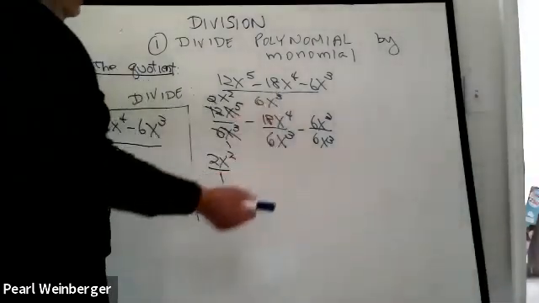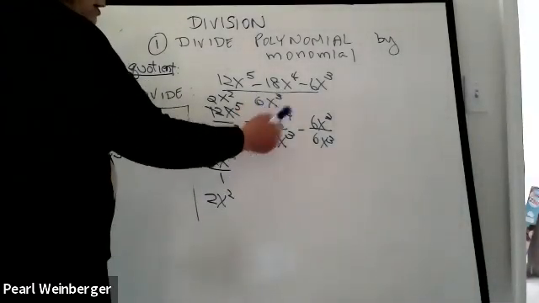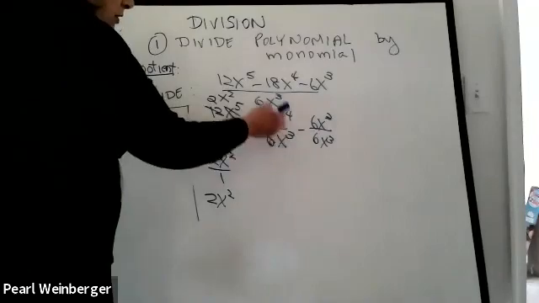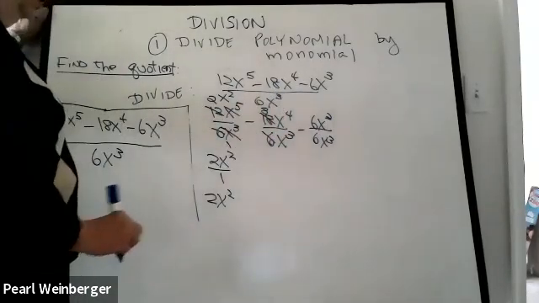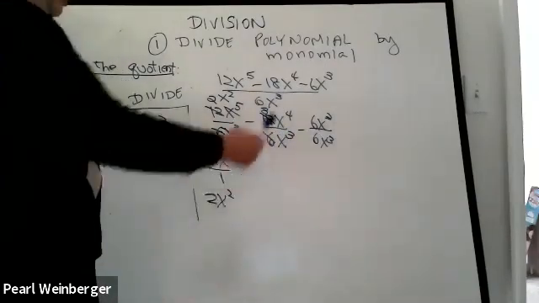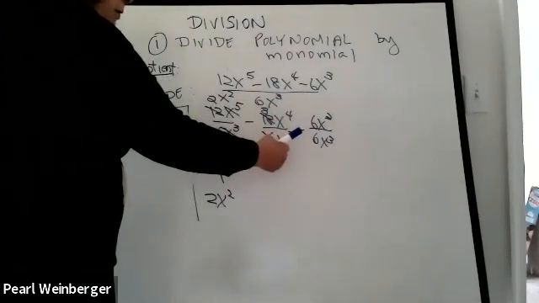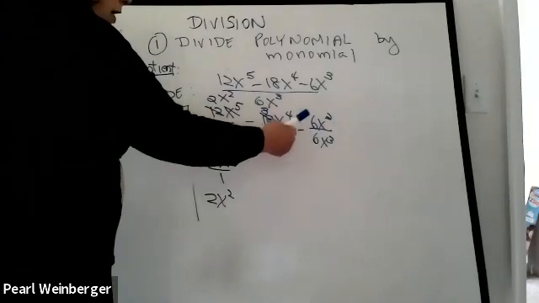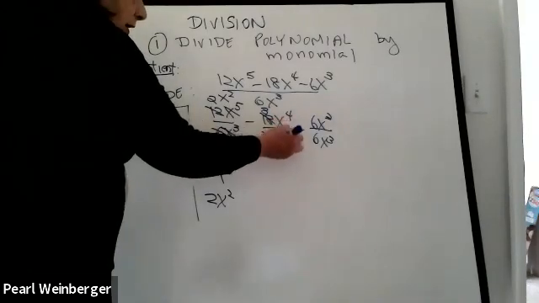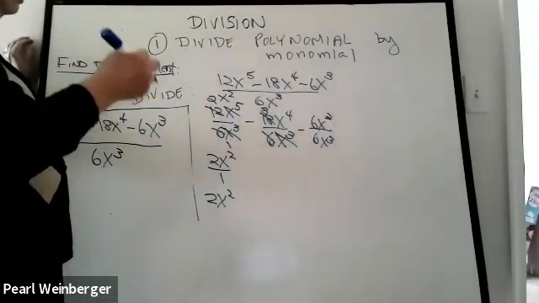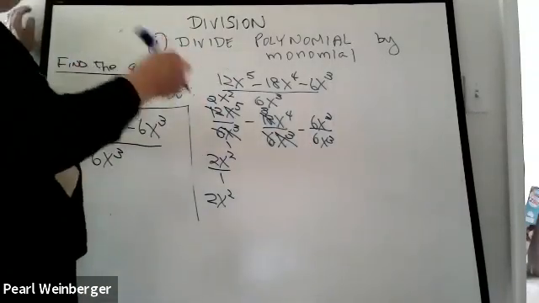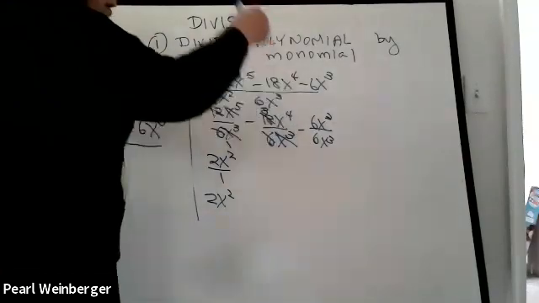Okay, going to the second fraction, we have an 18 and a 6. The 6 goes into both of them. 18 divided by 6 is 3. The 6 cancels out. Then we have an x to the 4th divided by an x to the 3rd. The lower exponent is the 3rd. Remember, you're always taking the lower one and canceling it out and subtracting that number from the top.